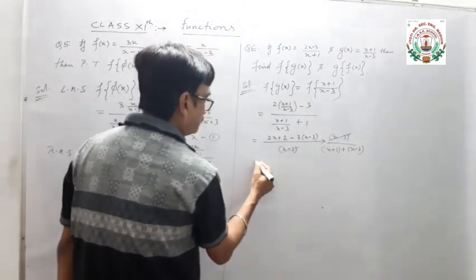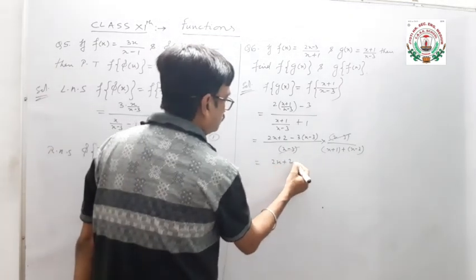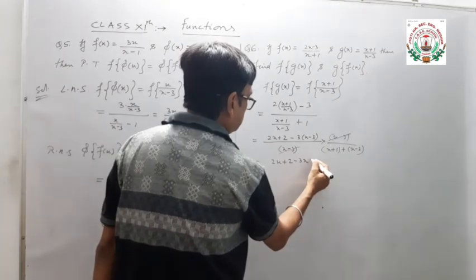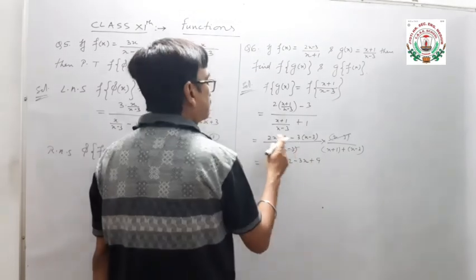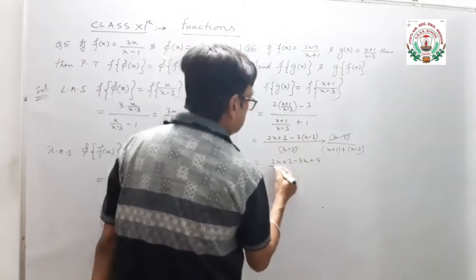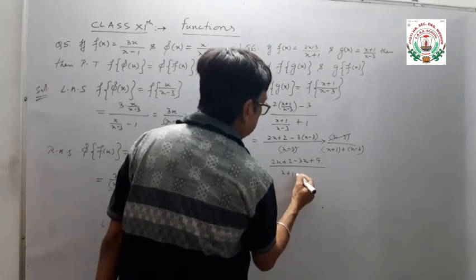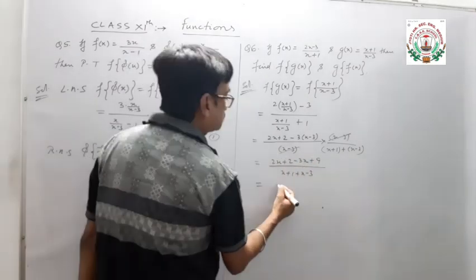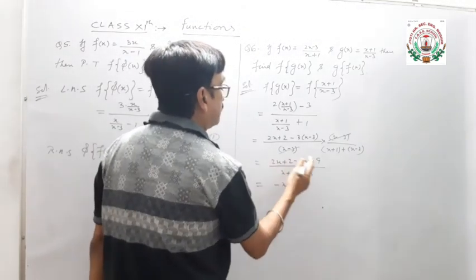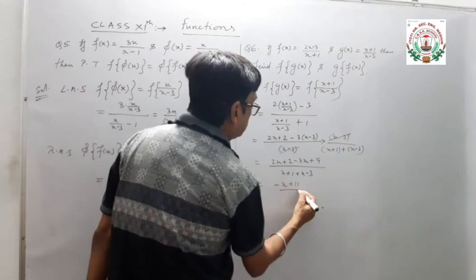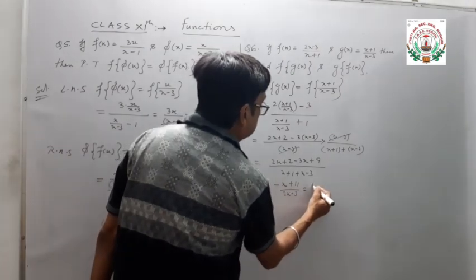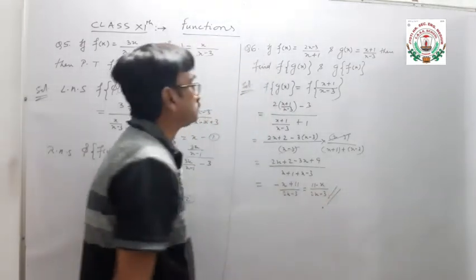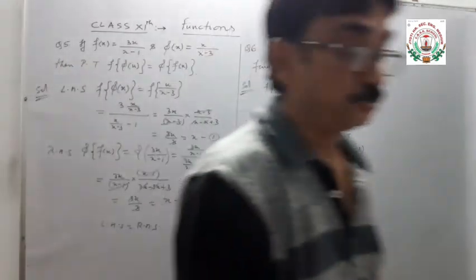After LCM this x minus 3 cancelled. 2x plus 2 minus 3x plus 9 upon x plus 1 plus x minus 3. 2x minus 3x minus x, and 9 plus 2 is 11, so 11 minus x upon 2x minus 3 is the value of the function f of g of x.